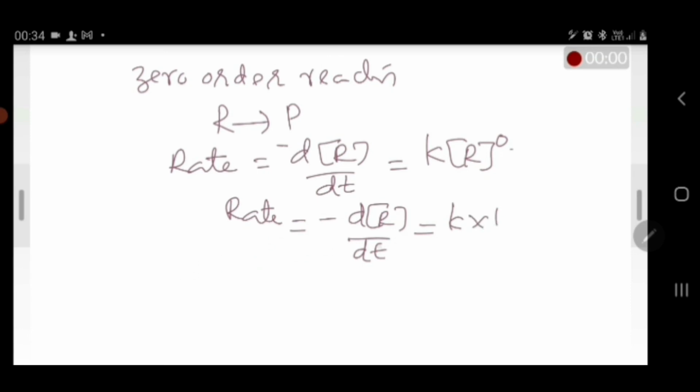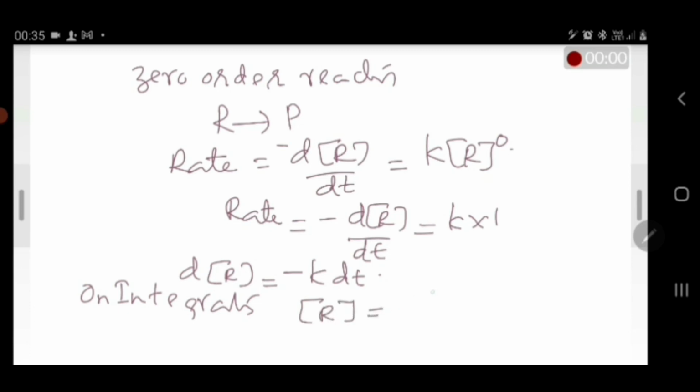So you can simplify this equation as dR is equal to minus k dt. When you integrate this equation on both sides, you will get R is equal to minus kt plus I. As before, I is what we call the integration constant, the constant of integration. You need to find out what the constant of integration is.